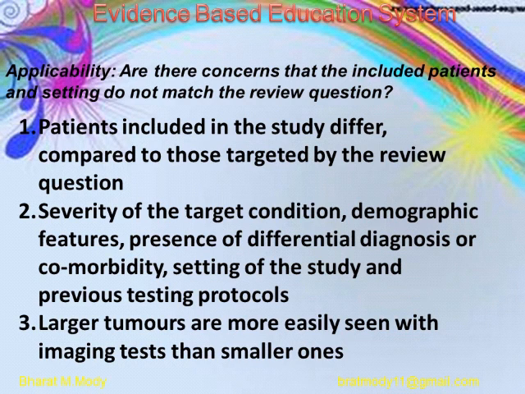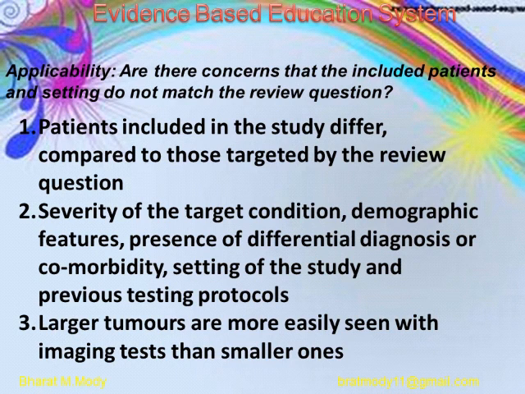If large tumors are in one group and smaller ones in the other, large tumors on the radiograph are very easily caught, so your results will be different. So if you have large lesions and smaller lesions, there should be an equal number of large and smaller lesions in both the groups. Only then can the results be comparable.